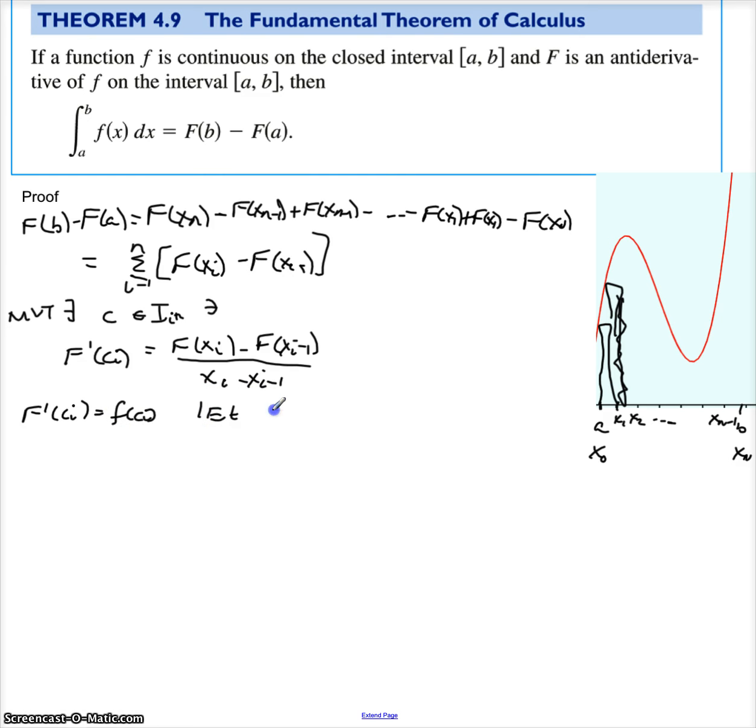I'm tired of writing all this out, so I'm just going to write delta x i is equal to this, x sub i minus x sub i minus 1. So delta x i is just the difference there. All right, so I'm going to rewrite my f of b minus f of a now. f of b minus f of a is the sum of i equals 1 to n of f prime of c i times delta x i.